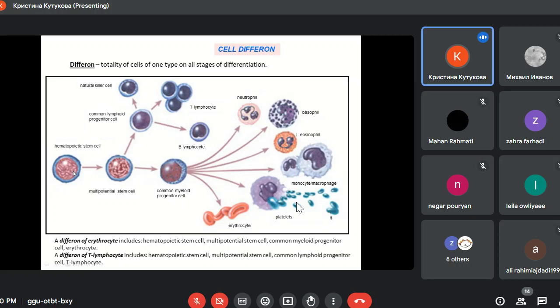For example, differon of erythrocytes will include hematopoietic stem cell, multipotent stem cell, then common myeloid progenitor cell, and finally erythrocyte. So it will be differon of erythrocytes, including all stages of development of erythrocytes, starting from hematopoietic stem cell. Differon of T lymphocytes will also include hematopoietic stem cell, multipotent stem cell, then common lymphoid progenitor, and finally T lymphocyte, like this.